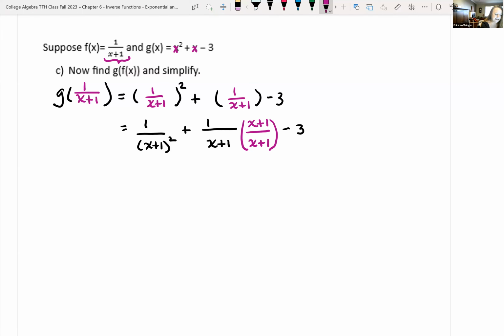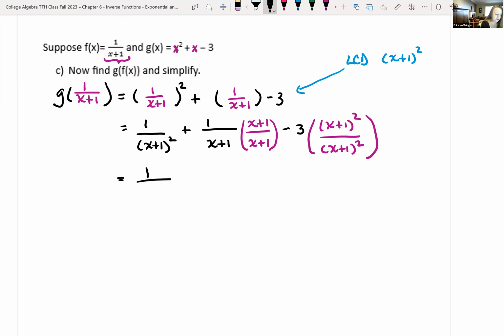In this case, in order to get a common denominator, we want x plus 1 quantity squared all over x plus 1 quantity squared. So we're just getting the least common denominator for all of those terms or groupings.